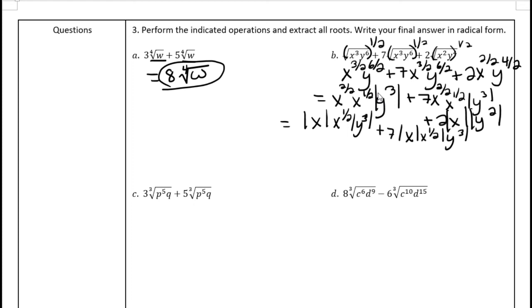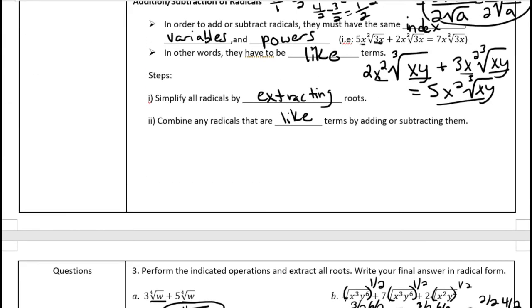All right, and then we got plus, since I'm running out of room here, plus 2 absolute value x, absolute value y squared. Okay, combine any like terms. Let's combine this under one absolute value. So we're going to finish up the extraction, and then we're going to combine the like terms.